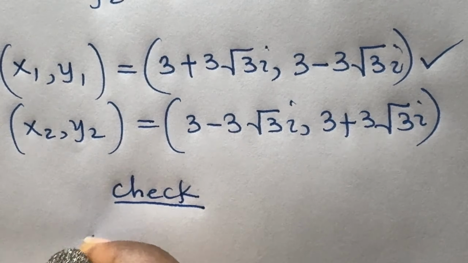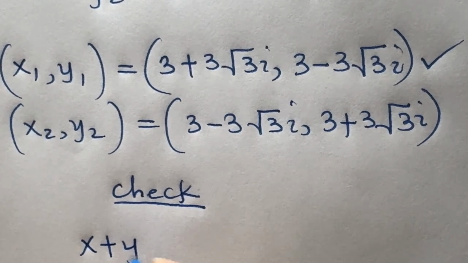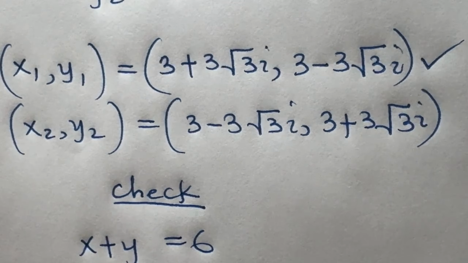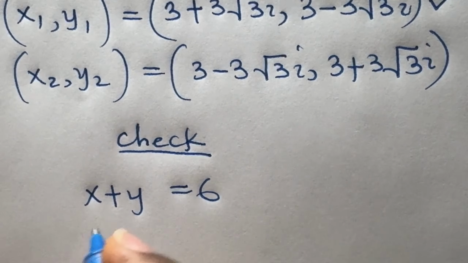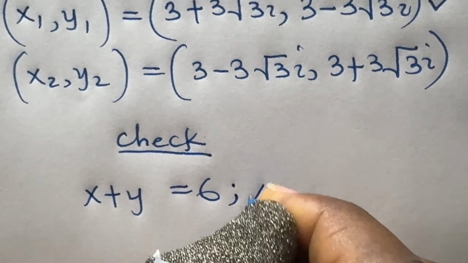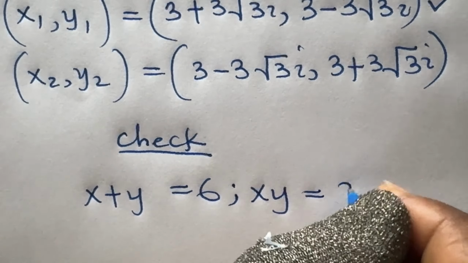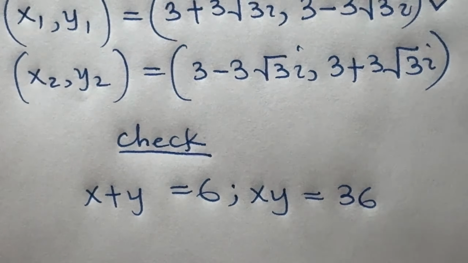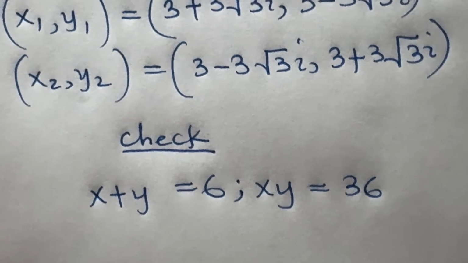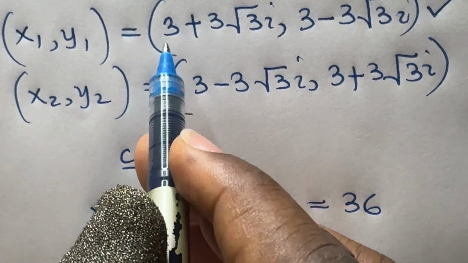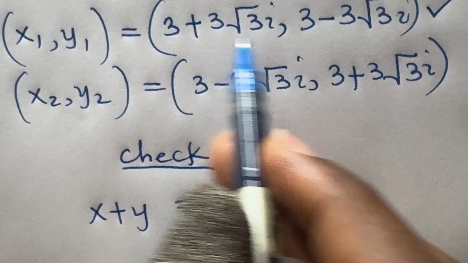So x plus y is equal to 6, and xy is equal to 36. Let's substitute with the first equation. So our x is either of this, our y is either of this.